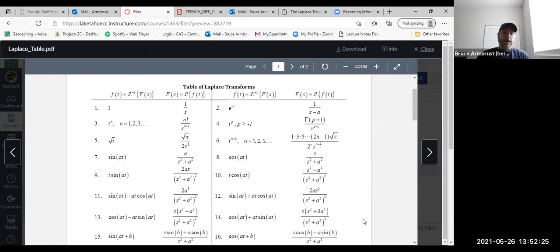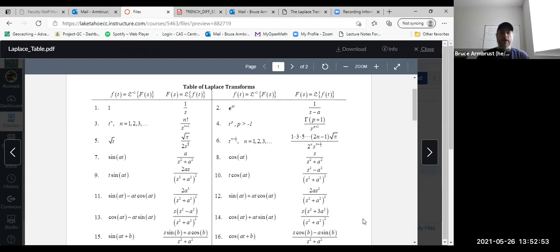I know that there's a lot of other stuff written up here, but here's how to read it. This is f of t, the function that we're putting in a Laplace transform. And this is the Laplace transform, big F of s. Think about the ones that we've calculated so far. We did 1, and we saw 1 over s. We then did t squared, and notice that t to the n always gives you the same form.